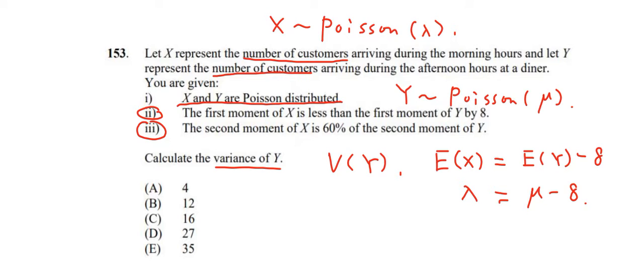And then the second moment. The second moment means X squared. The second moment of X is 60% of the second moment of Y, so that equals 0.6 times Y squared.